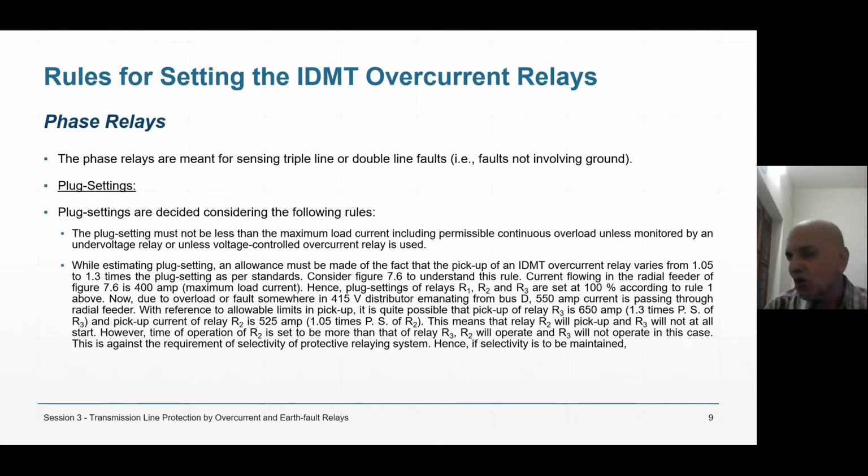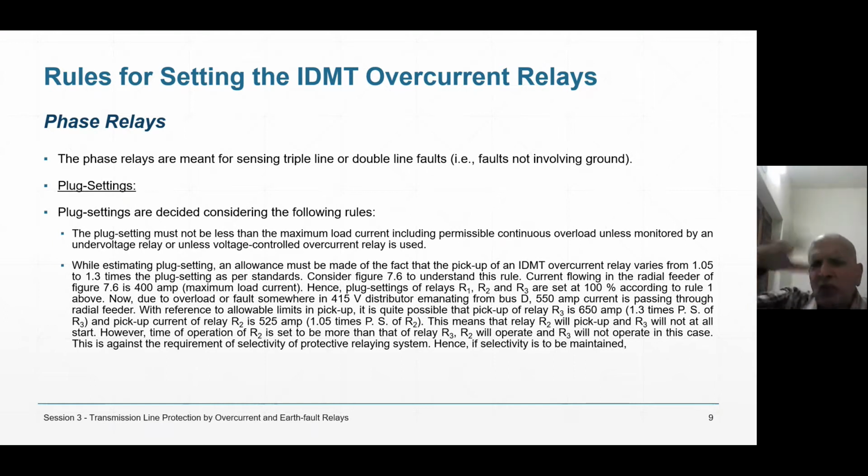So we are not talking about the ground relays now. We will talk afterwards. So what are the rules for phase relays? For plug setting. What is plug setting? Plug setting is a threshold beyond which the relay will start operating. Right. So the first rule is plug setting must not be less than the maximum load current.